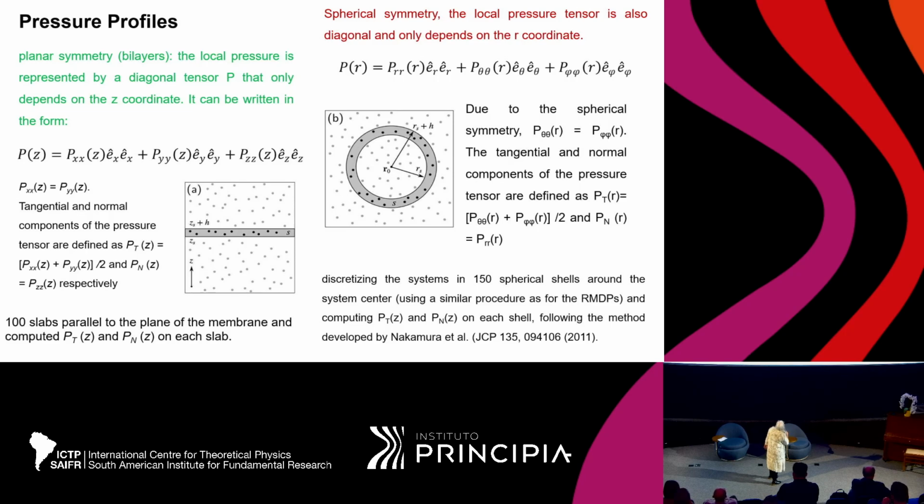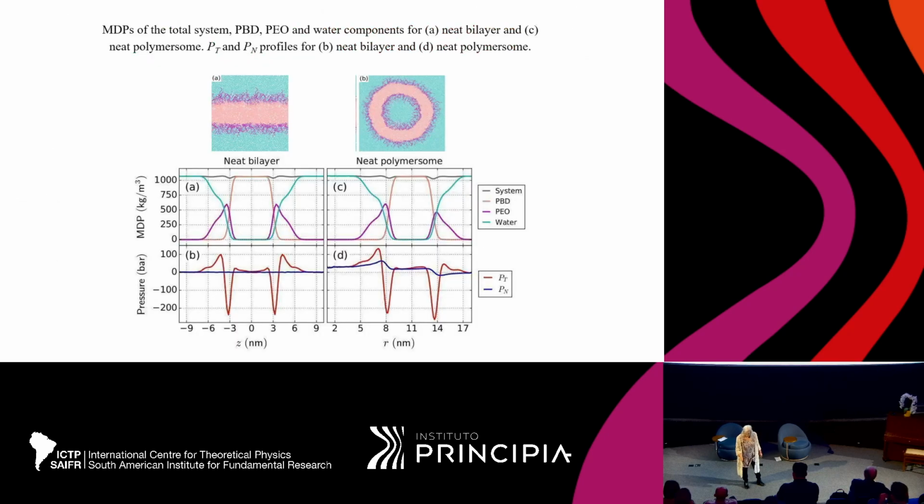Something very similar, but in theta and phi, and the anisotropy axis, the normal axis, will be the radial one. So we came back and did the calculations with this.